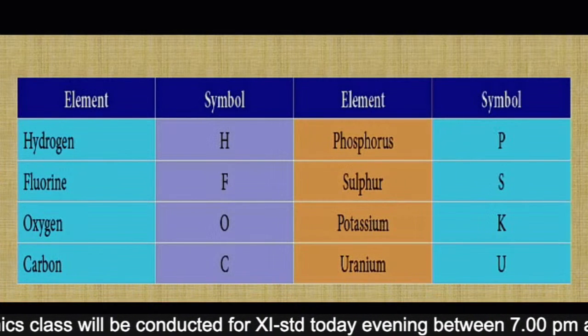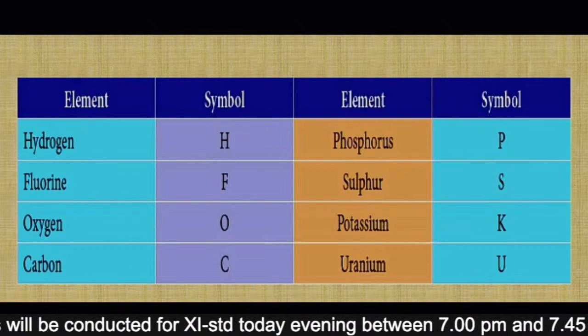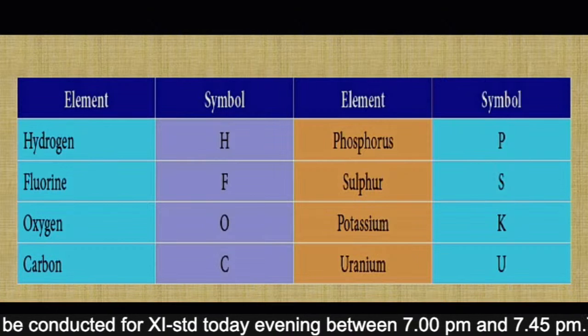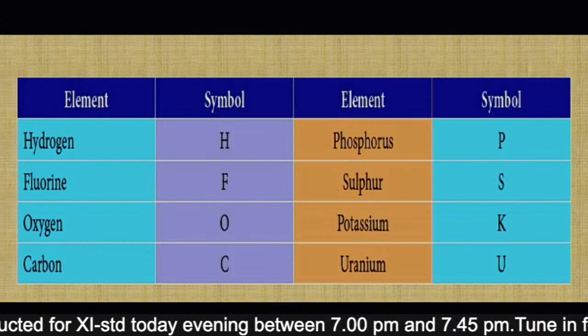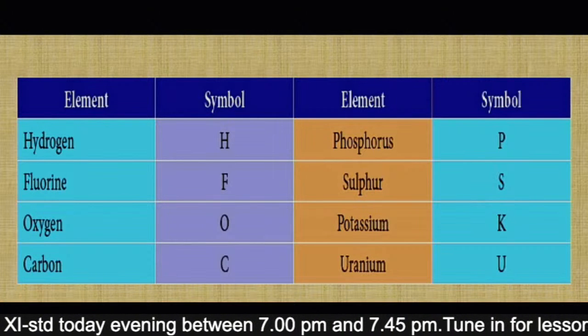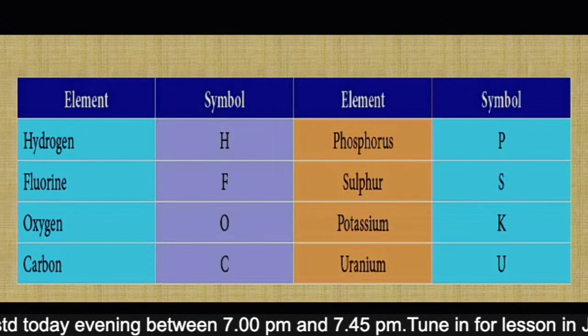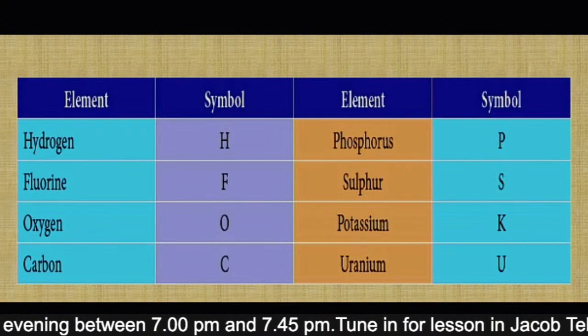Okay. Next, see the picture. The symbol of hydrogen is capital H. The symbol of fluorine is capital F. Open your mouth and say, நீ வாயை திறந்து சொன்னா மாத்திரம்தான் உன்னால அந்த கரெக்டான ப்ரொனன்சியேஷன் பண்ண முடியும். So open your mouth and say, right? Oxygen.